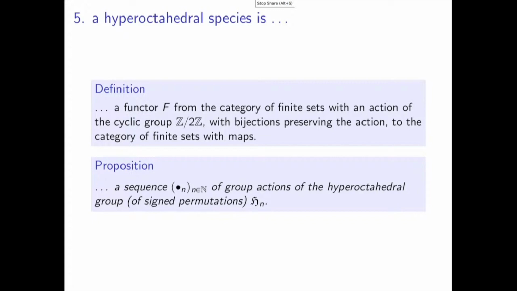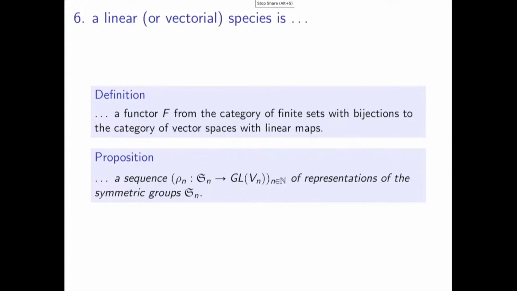And the difficulty here is to come up with good names. For species, it works very well. A tree is a root times a set of trees. And for hyperoctahedral species, you get things like diagonals, vertices of the cube, and that sort of stuff. And it would be nice to have this implemented.